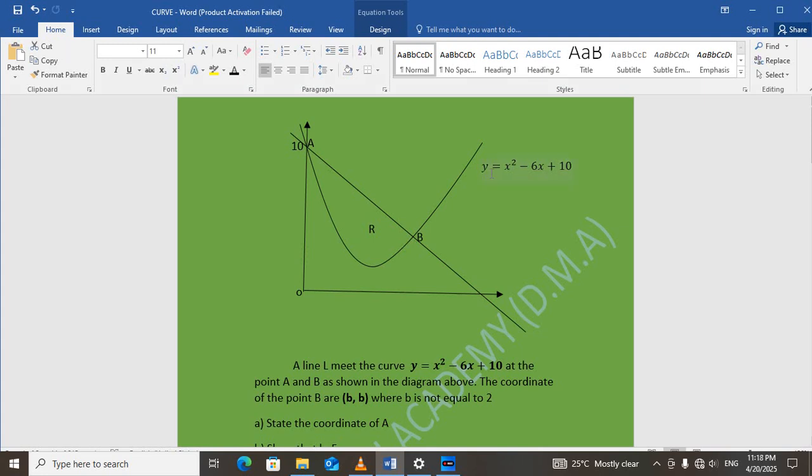Remember the first approach was to equate the equation of the line and the equation of the curve, but we don't yet have the equation of the line. So the second approach is that since B lies on this curve, point B satisfies the equation of the curve. When we replace y with b and x with b, it must satisfy this equation.